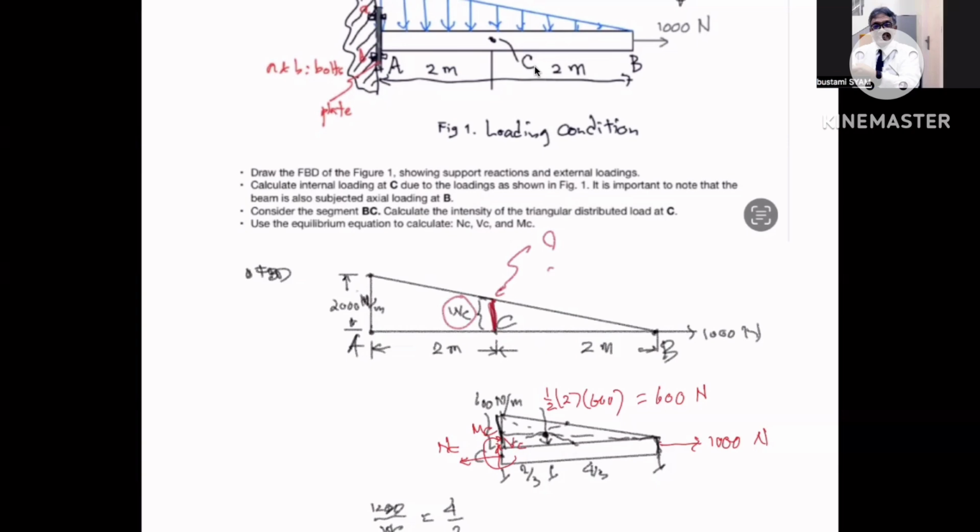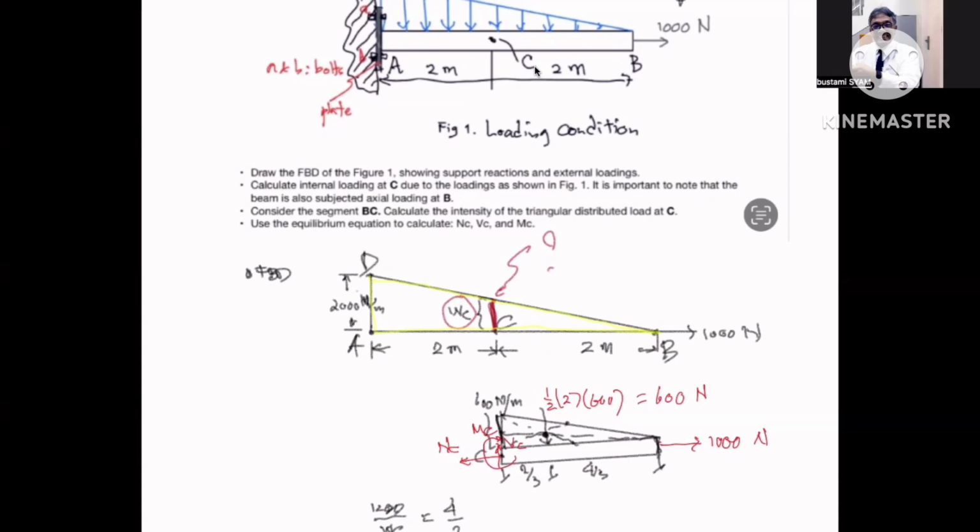So how to calculate this? To calculate this, we have to consider one big triangle right here. Say ABC. This one is D.